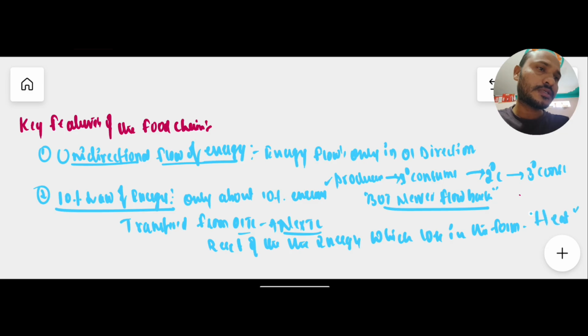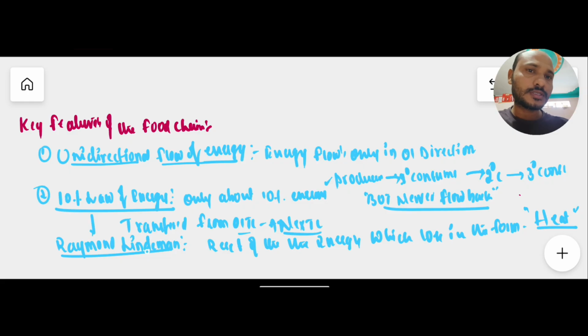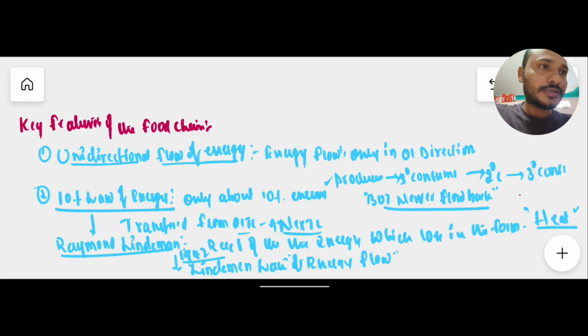This 10% law of energy was proposed by a scientist called Raymond Lindeman. He first proposed this 10% law of energy in 1942. Hence, this 10% law is also called Lindeman's law of energy flow. So this is all about the key features of the food chain.